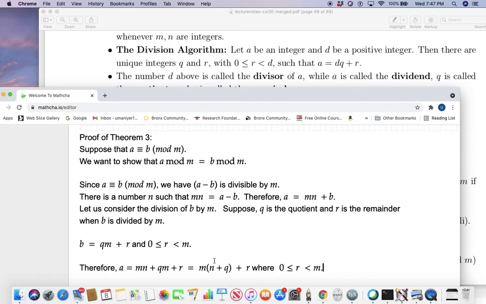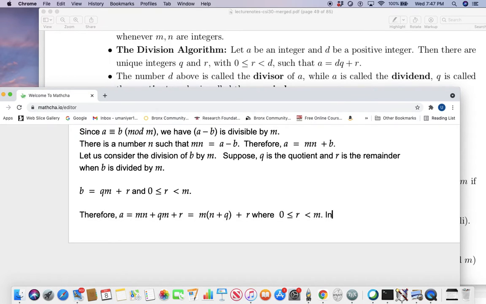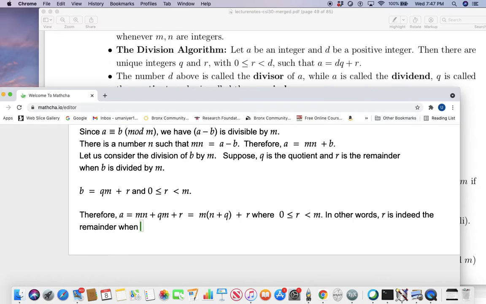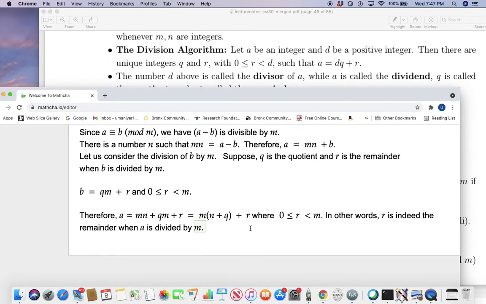So this quotient and this remainder have to be unique. We found a quotient. In other words, r is indeed the remainder when a is divided by m. You notice, which is what we want to show.